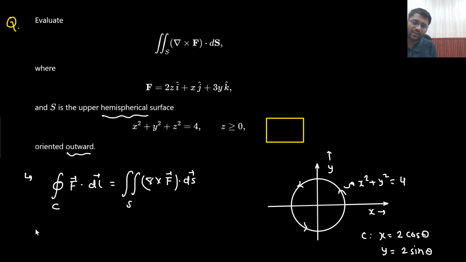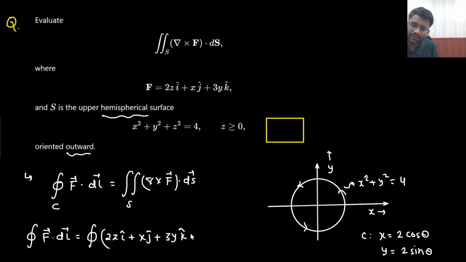So I am supposed to calculate f dot dl. What is f? F is 2z i cap plus x j cap plus 3y k cap, dot dl. dl is dx i cap plus dy j cap, because I am moving in the xy plane.